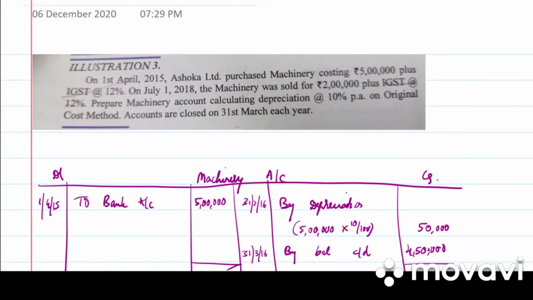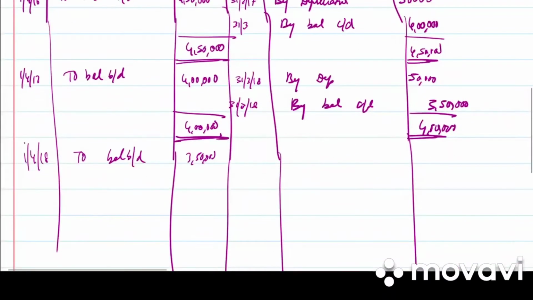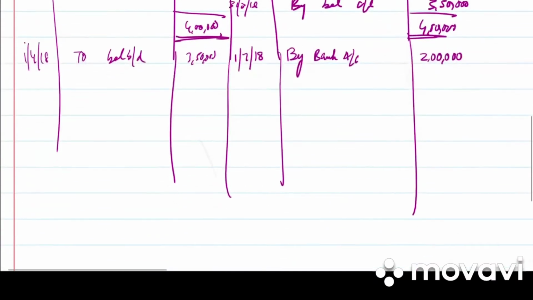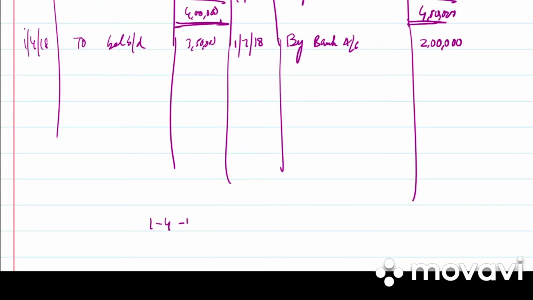They have said that on 1st July 2018 the machinery sold for 2 lakh. So 1st July 2018 by bank account we sold the machinery for how much? 2 lakh rupees. We need to calculate depreciation from 1st April 2018 to 1st July 2018.